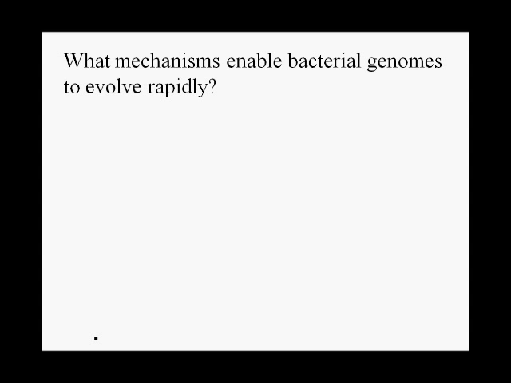Well, we've already seen one of these mechanisms. This is transformation. This is their ability to pick up genetic information from their environment and incorporate it into their own genome. In addition to transformation, we have a second process called conjugation. Conjugation is mediated by plasmids.